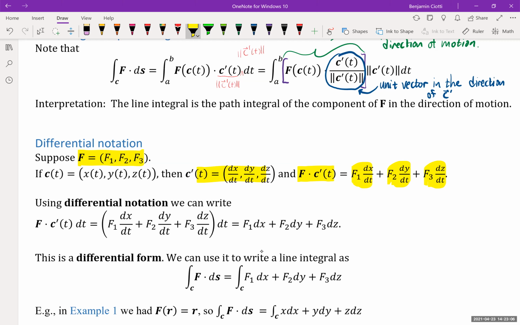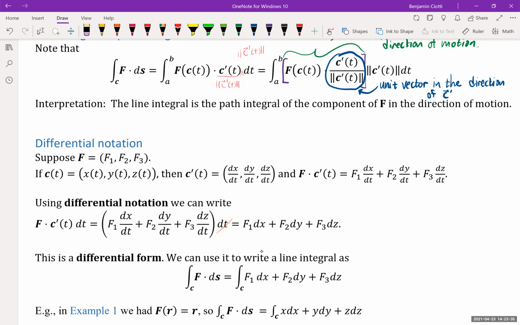I can kind of factor out the dt, or perhaps I should say cancel the dt if I put a dt on the end. Right? So if I slap a differential dt on the end of that, it's kind of like it cancels the three denominators, if we're using differential notation.